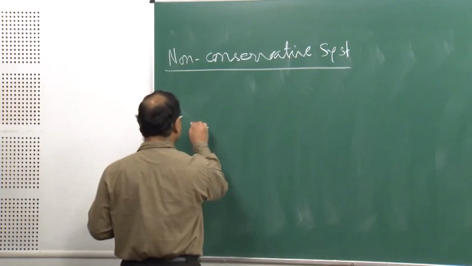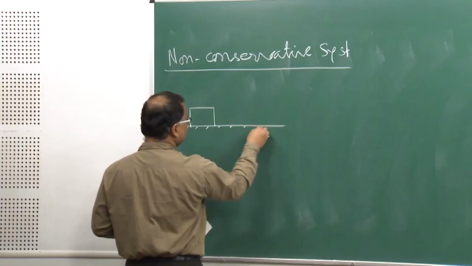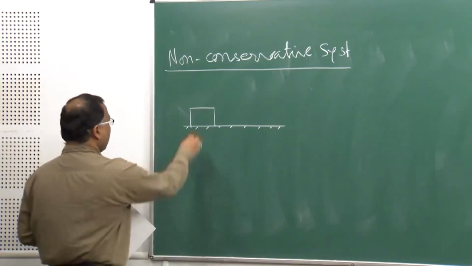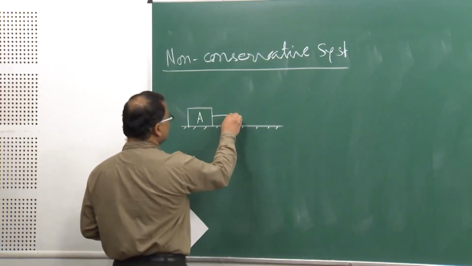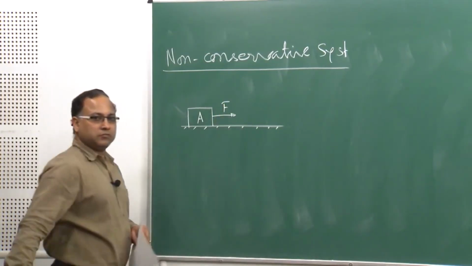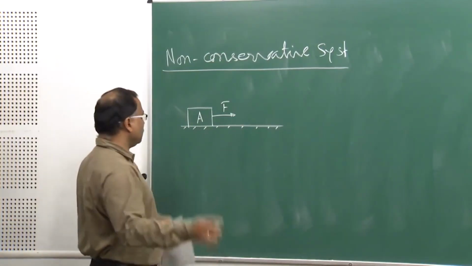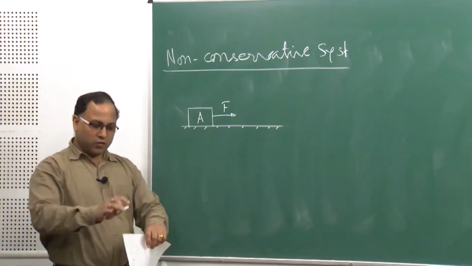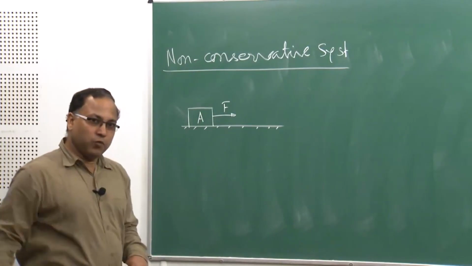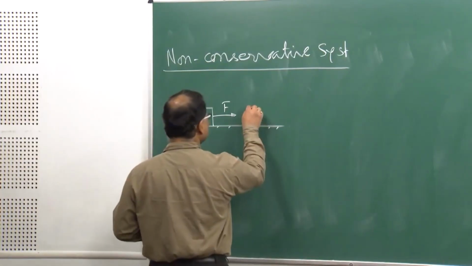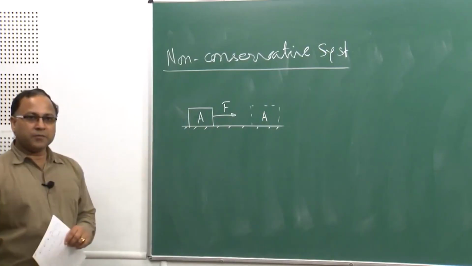Suppose, for example, you have one surface, and on that surface you have a block A. You are applying some force F. This is some tabletop or maybe ground, whatever you want. You have one block resting on that surface, and you are pulling that block. Now, that block is changing its position.